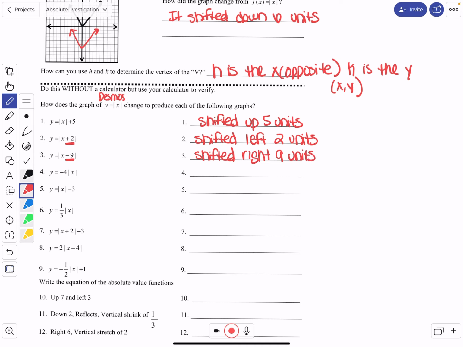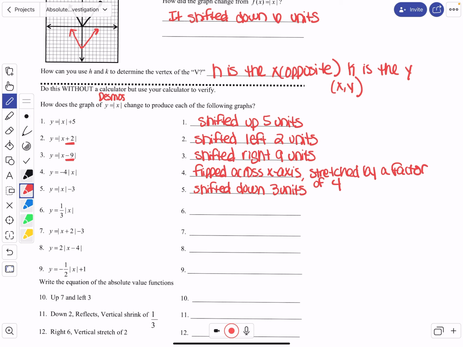All right, we got a -4 on the outside, so it's flipped across the x-axis, and it is stretched by a factor of 4. Okay, so two different things going on there. All right, number 5 is shifted down 3 units.